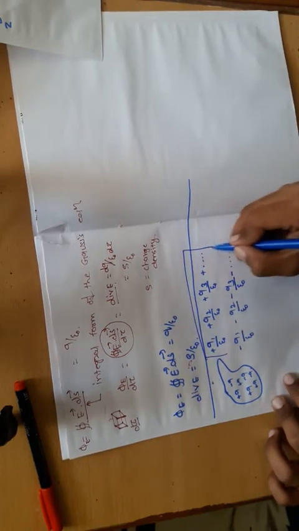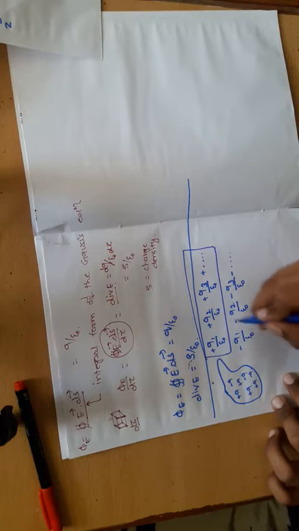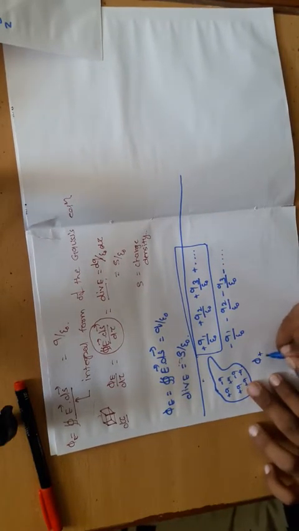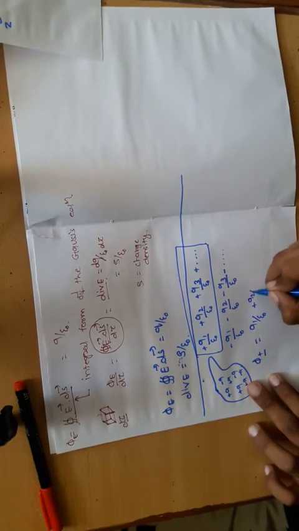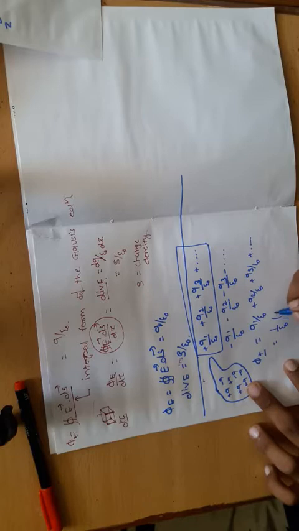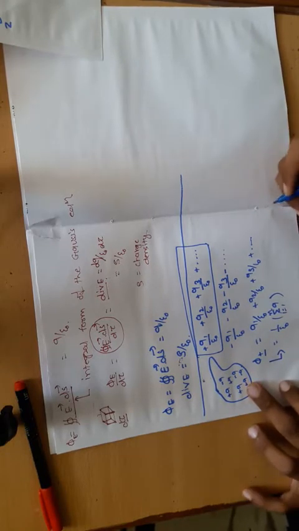So what will be the total flux due to positive charges? The flux from positive charges will be Q1 by epsilon naught plus Q2 by epsilon naught plus Q3 by epsilon naught plus so on. That is 1 upon epsilon naught times the summation of Qi from 1 to N. So that is the flux for the positive charge.